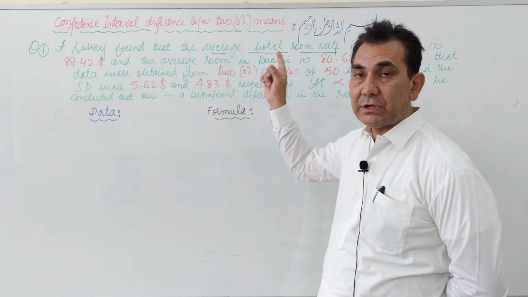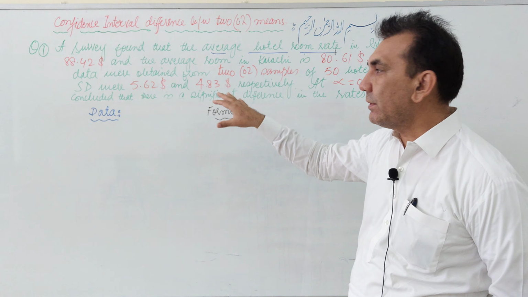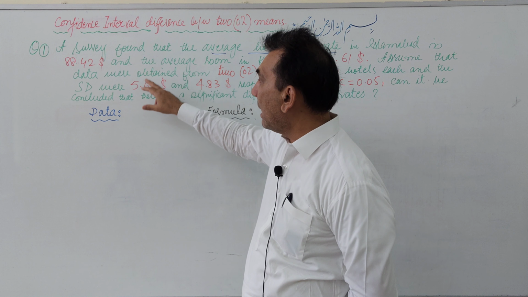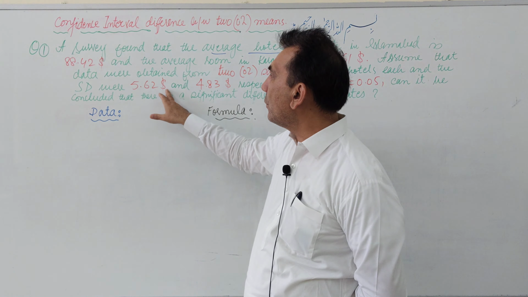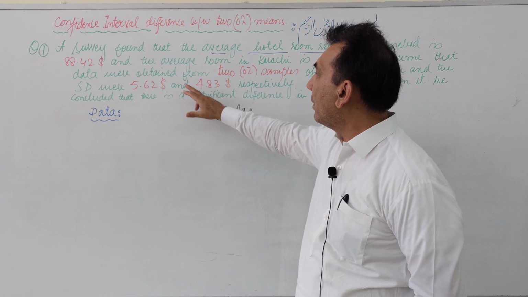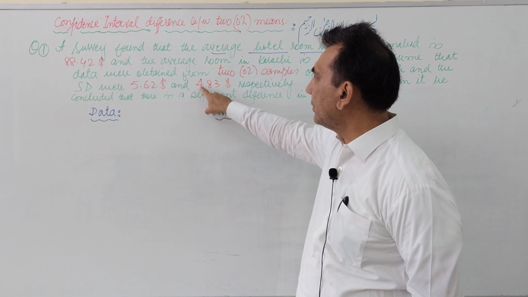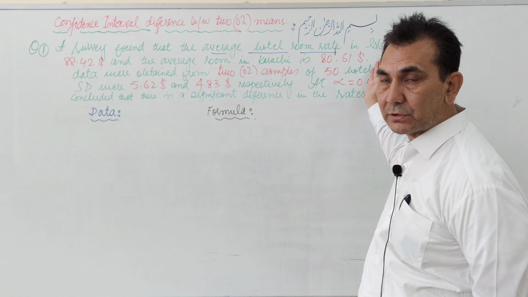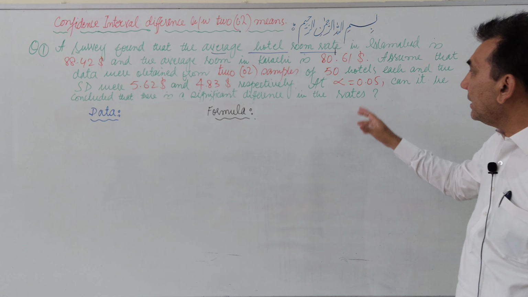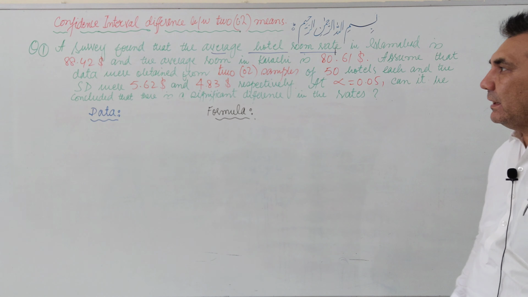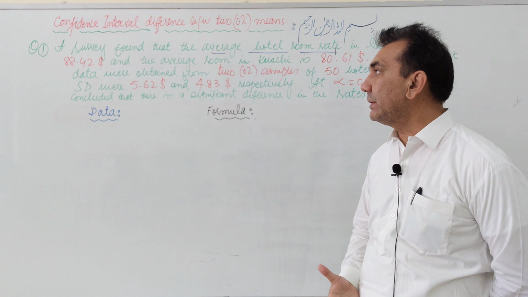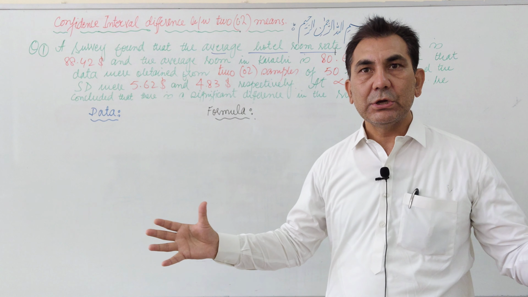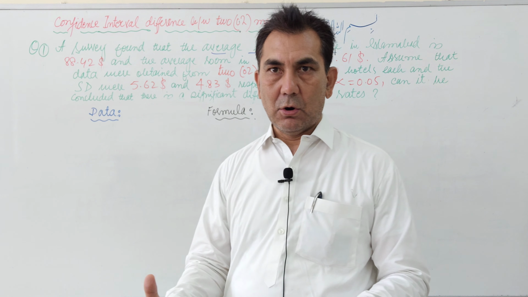The standard deviation was 5.642 US dollars for Islamabad and 4.83 US dollars for the Karachi hotel rates. At alpha 0.05, can it be concluded that there is a significant difference in the rate between the two cities' hotel rates?